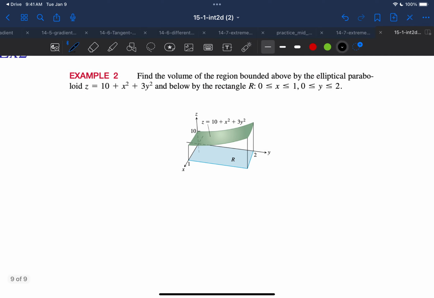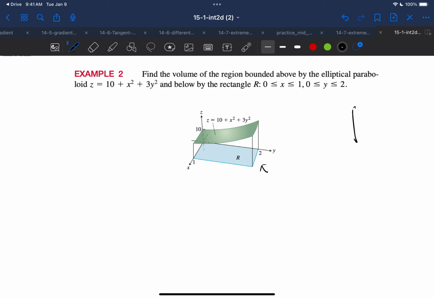If this 3D picture is not clear, then we can just draw a picture for the domain, which is the xy axis, with x from 0 to 1 and y from 0 to 2, something like this.